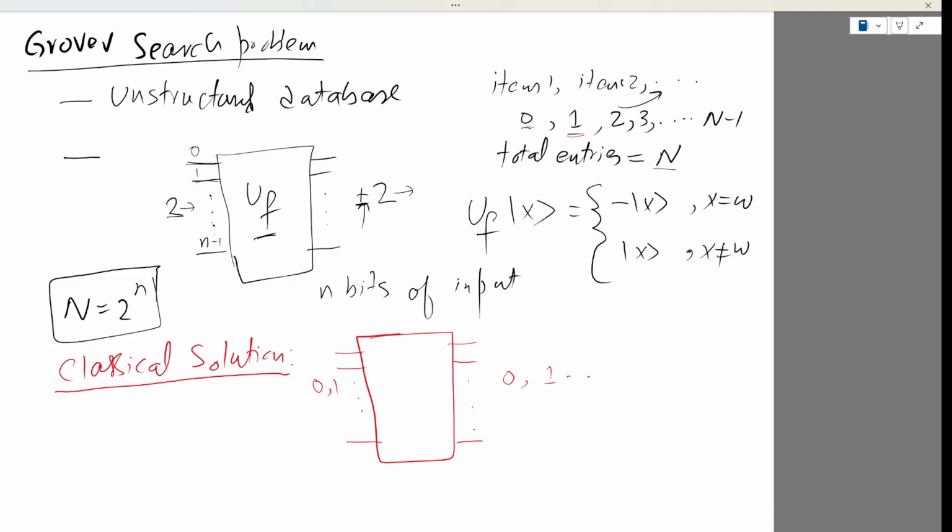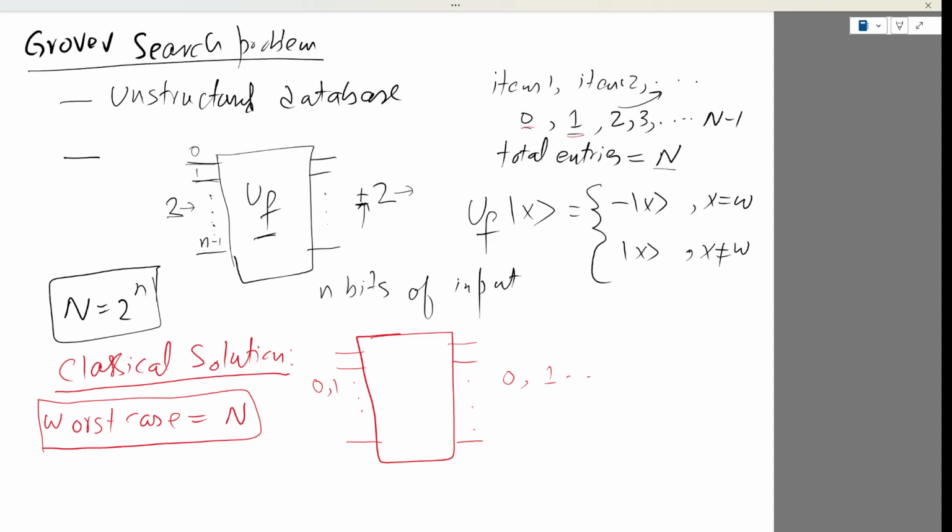And if we are lucky, and if let's say we give these entries randomly, the entry that we are looking for might be found earlier. But in the worst case, the worst case complexity is that we will have to give n queries to this oracle to find the item that we are looking for.